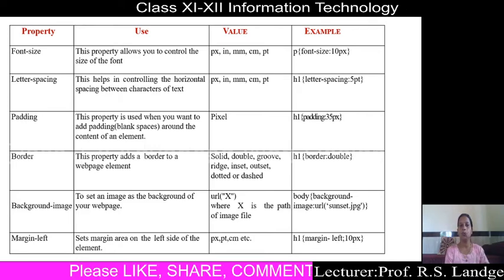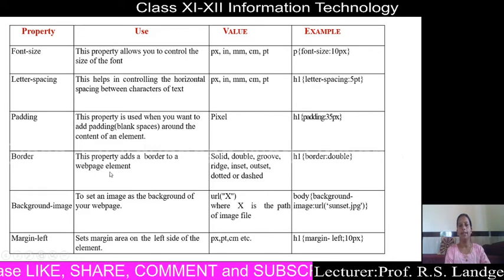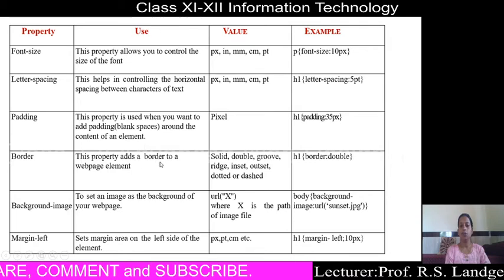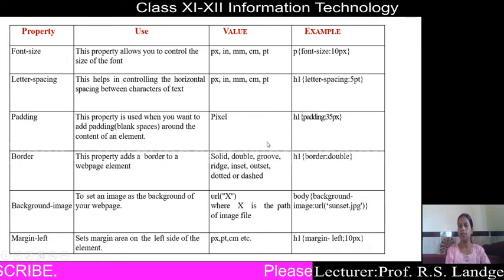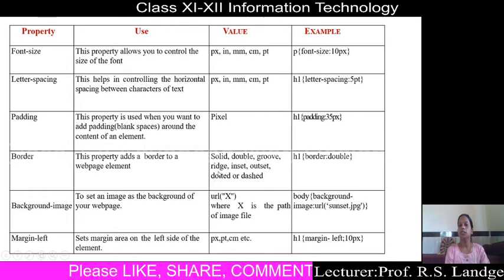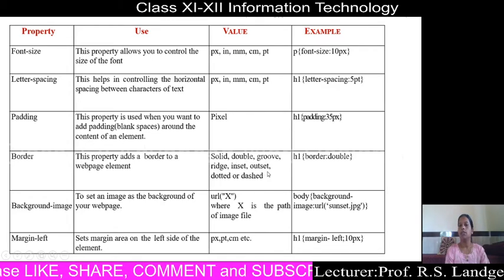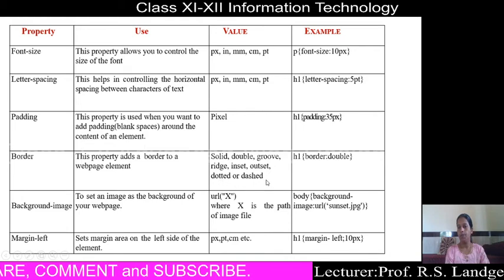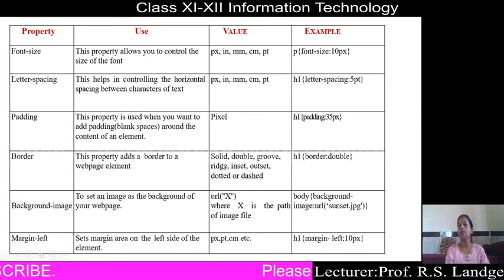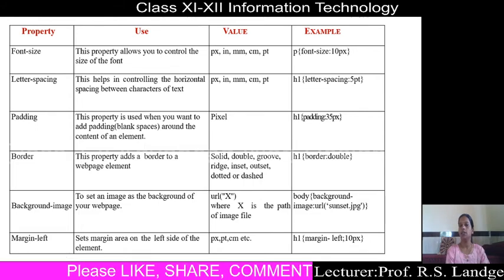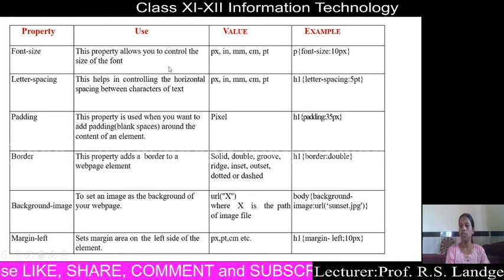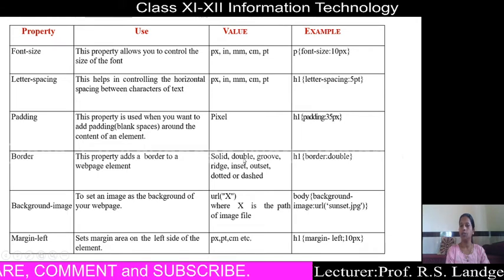Then the next property is border. Generally it is used to provide a border for any content. This property is used to add a border to a web page element, an HTML element. Its value is solid, double, groove, ridge, inset, outset, or dotted or dashed border. Mostly groove, ridge, inset and outset are similar to solid. If the user wants to create a plain line around any text or heading, then solid is used; if 2 lines are required, then double; dotted and dashed borders can also be created.